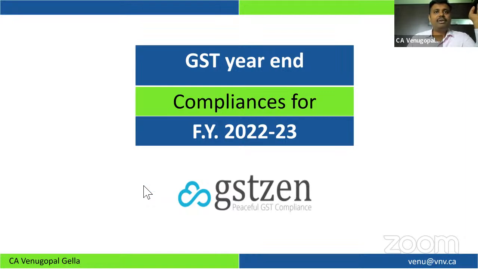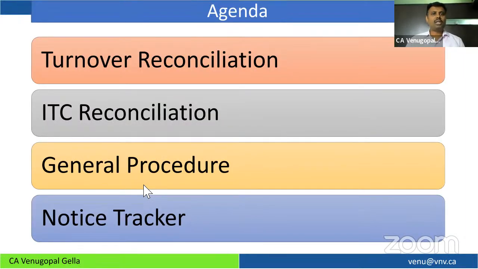So the agenda for today's session: we would look at the points that you need to take care of for doing the turnover side reconciliation, then input side reconciliation, and general procedures for you to get ready for financial year 23-24. And the software, a new module that Zen has released, is tracking your notices, especially if you are a group company and you're a CFO looking after 2-3 companies.